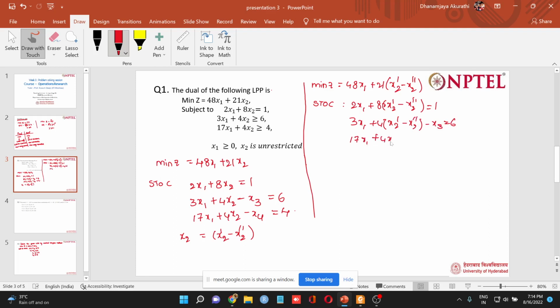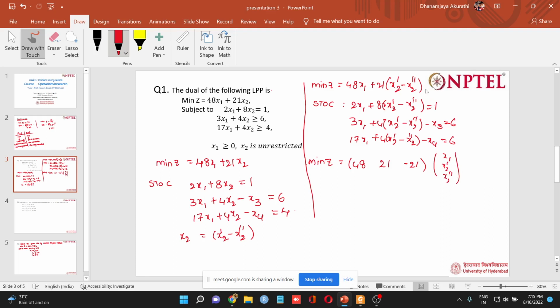Now you write this in the matrix form. Let's start with the objective function. In matrix form, first is 48, 21, and minus 21, for x1, x2 dash, and x2 double dash.